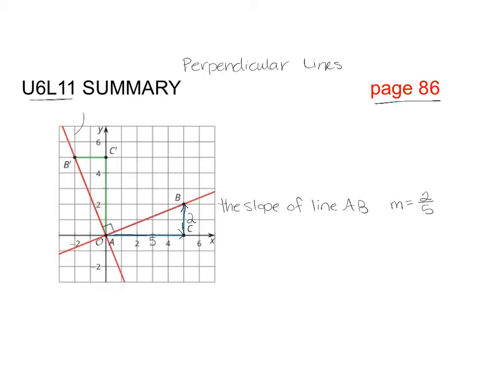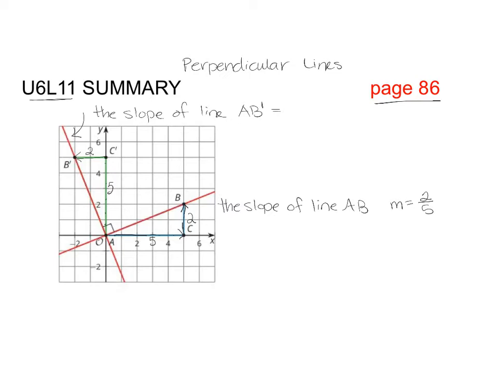Let's take a look at this line. The slope of line AB prime. In this particular line, if I move from A to B prime, I can think of it as going up 1, 2, 3, 4, 5 in the y direction, which is positive, but going left 2 in the x direction, which is negative.